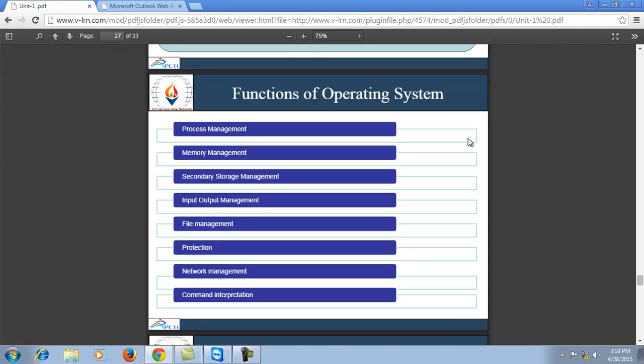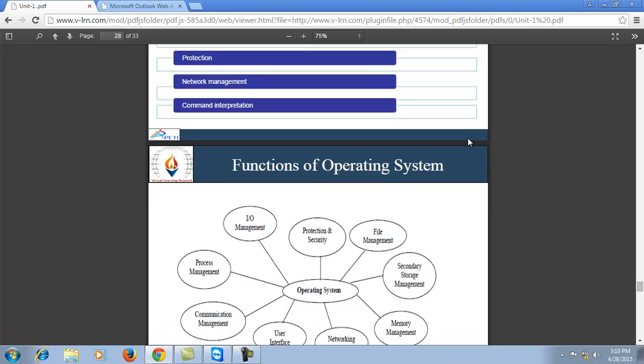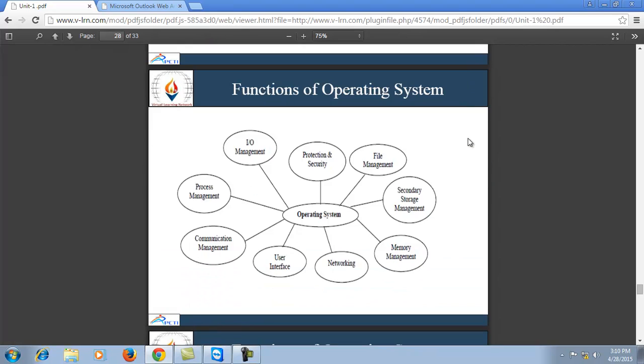Now come to the next topic, which is functions of operating system. All these functions are performed by the operating system. Let's start from input-output management, which we discussed, protection and security, file management, secondary storage, memory management, networking, user interface.